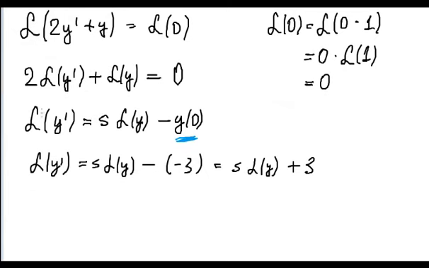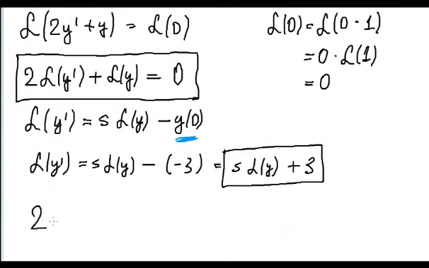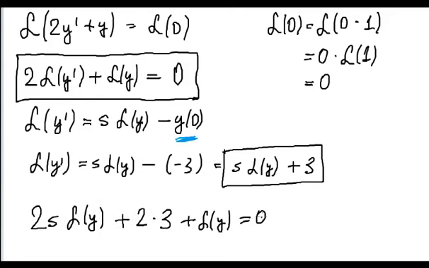Which equality am I referring to? This one. So in here, I want to put whatever L of y prime is, and L of y prime is this. So then we'll have 2 times s times L of y plus 2 times 3 plus L of y equals 0.